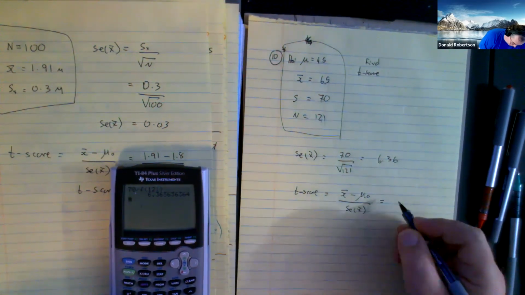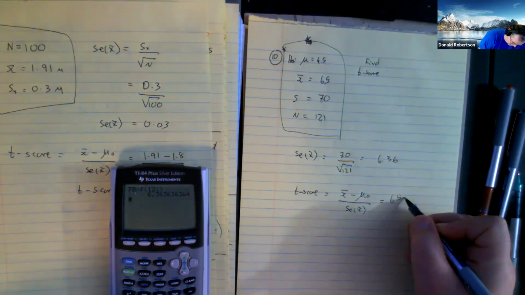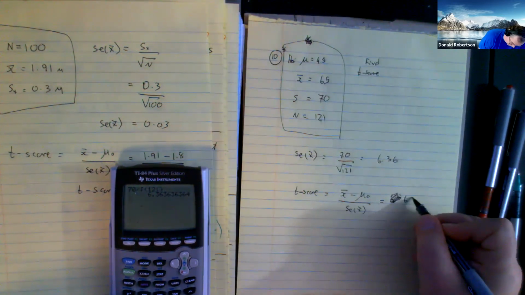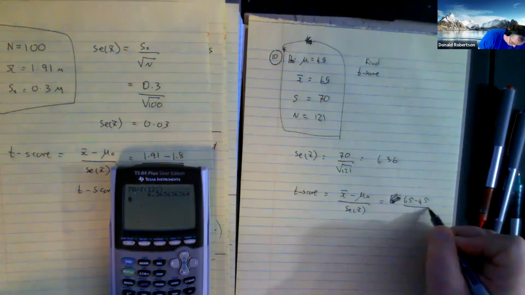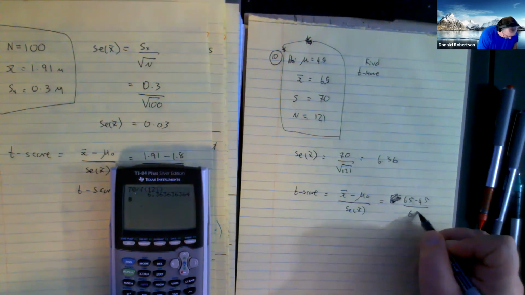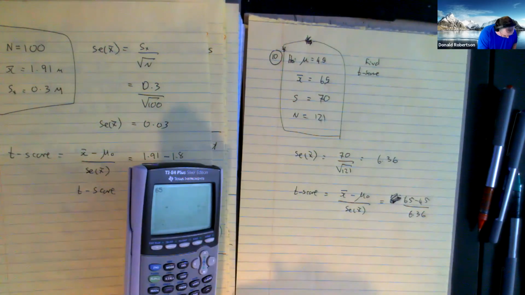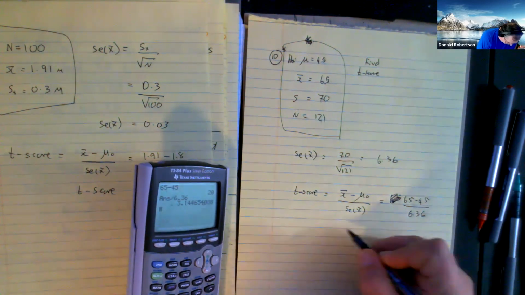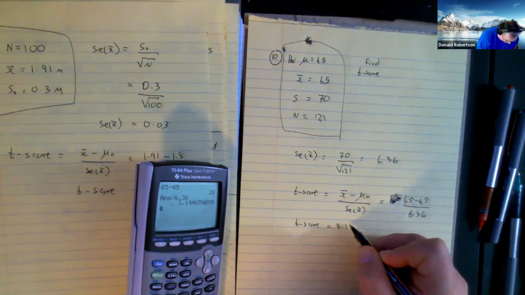So it's going to be 65, oh, sorry, 40. 65 take away 45. I'm going to do it the wrong way around there. And the standard error is 6.36. So 65 take away 45 divided by 6.36, and the answer I get is 3.144.